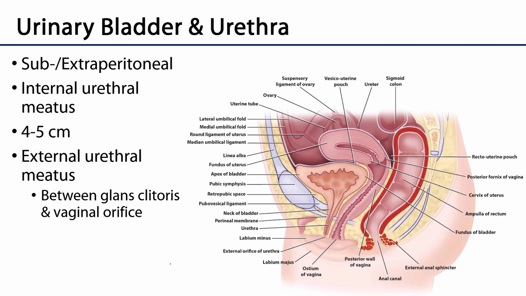So the sagittal pelvis that we're seeing here from a medial view would be what would typically be considered a female pelvis. We can see the urethra, the urinary bladder, and we can see that the urinary bladder has a position that's intermediate between the pubic symphysis and the uterus.